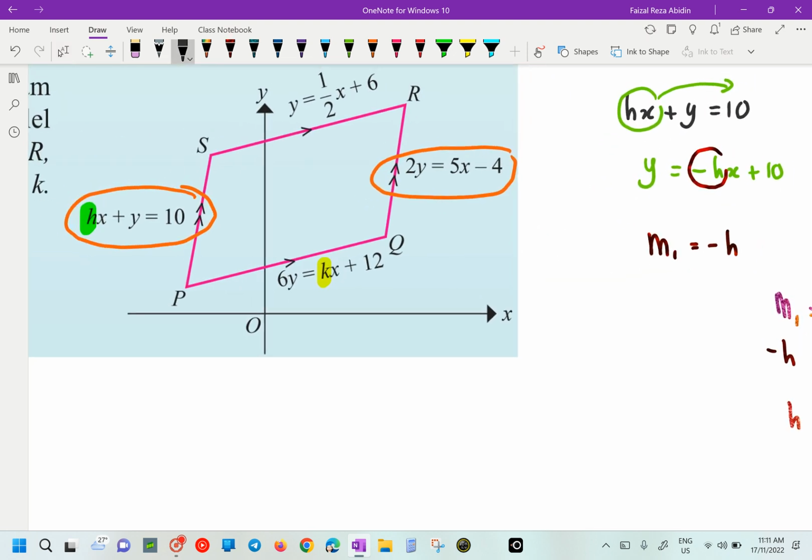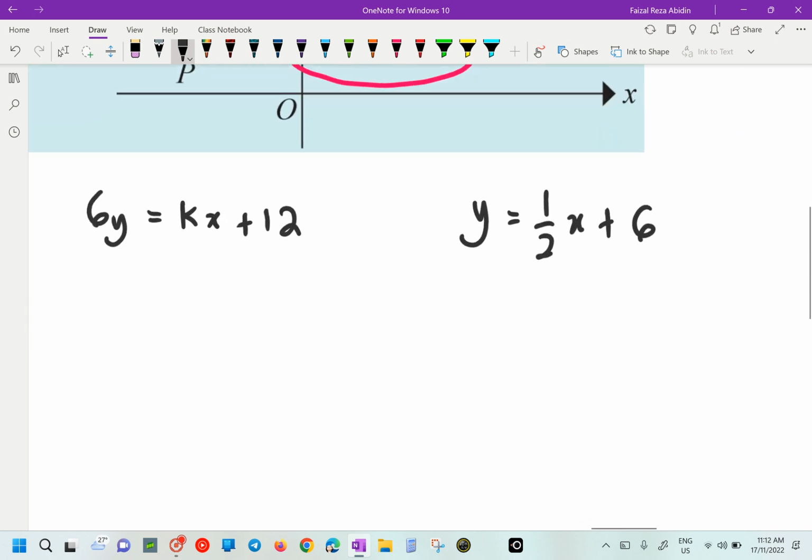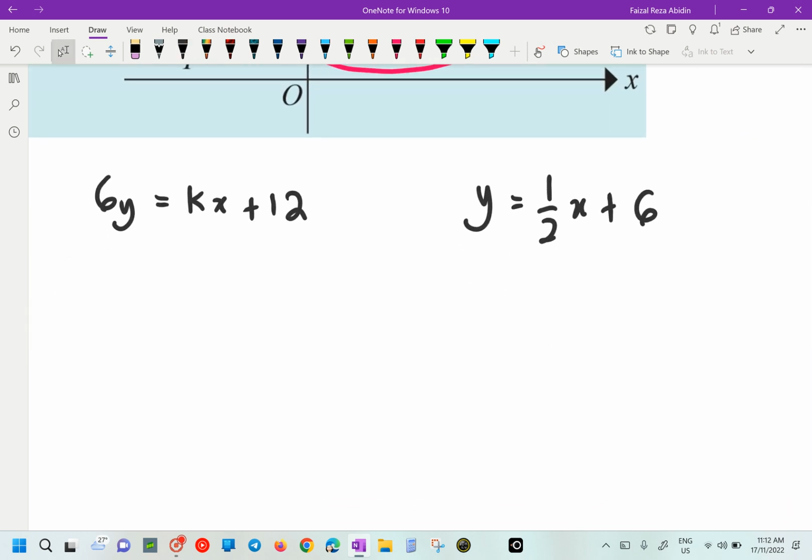We're going to look at our second one there. So what we have over here? 6y equals to kx plus 12. And the second one is going to be parallel with the upper one, y equals to 1/2x plus 6. Actually, the second one you have already your m2, isn't it? So for the first one, what should we do?